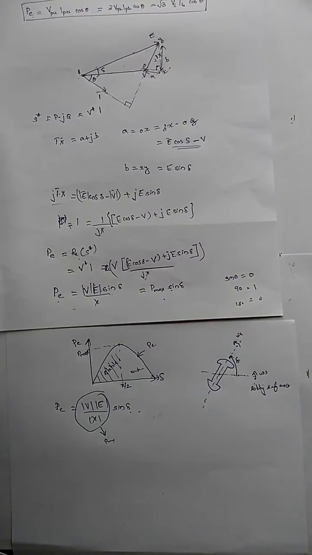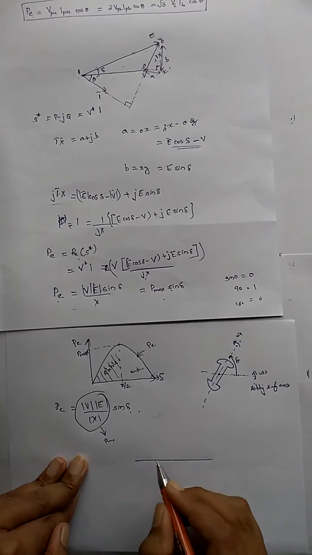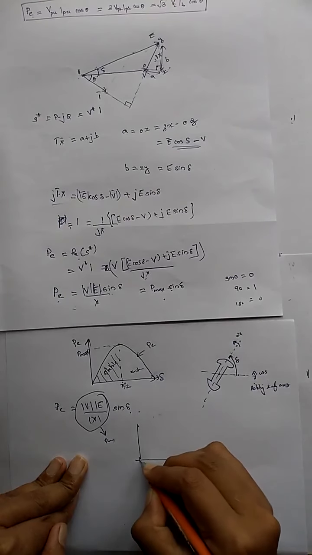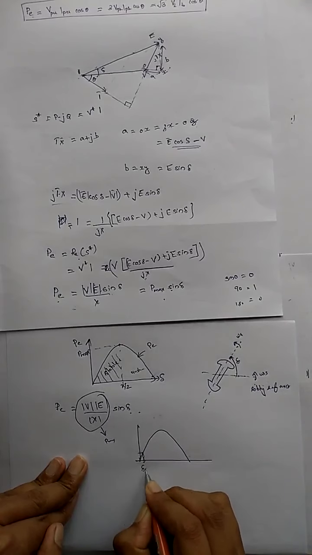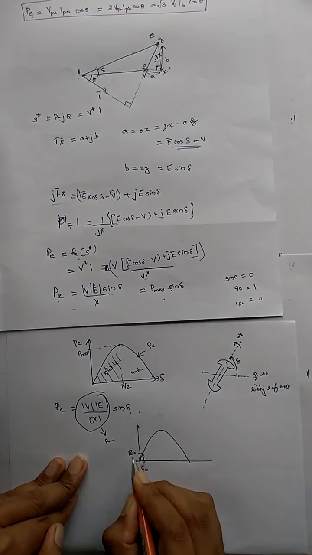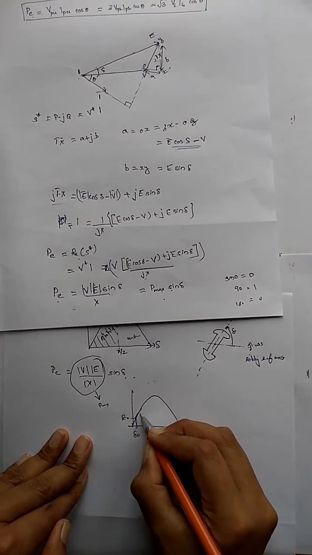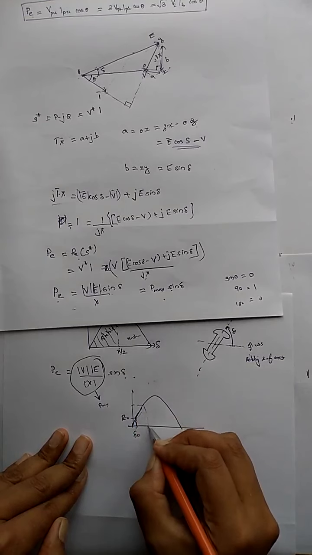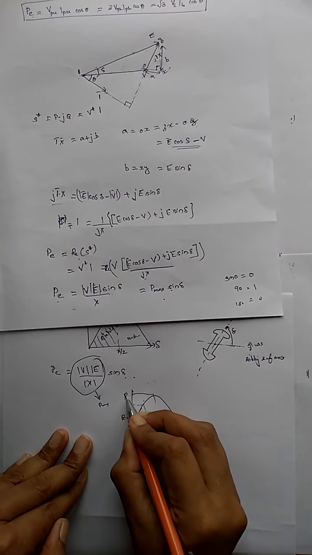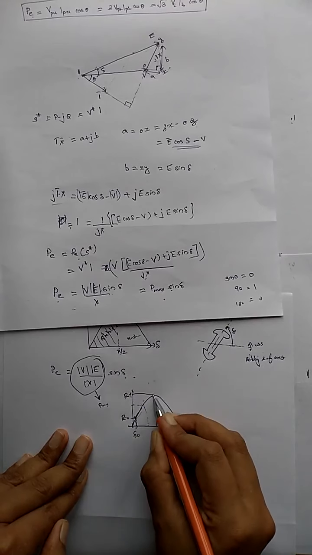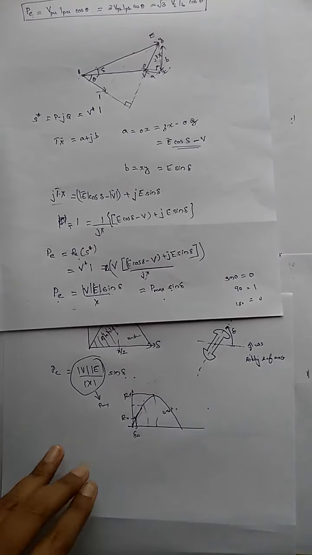For example, if some fault occurs in the same curve I am drawing, if it was working at an angle delta 0, this was my PE 0, then it will move and become stable if the fault value is within this P max value, or if the delta value increases beyond that, the system will be unstable.